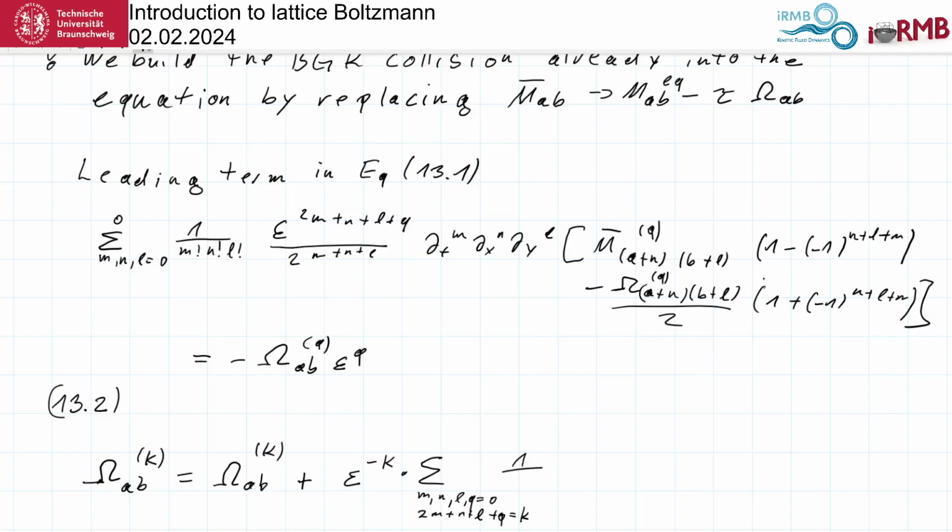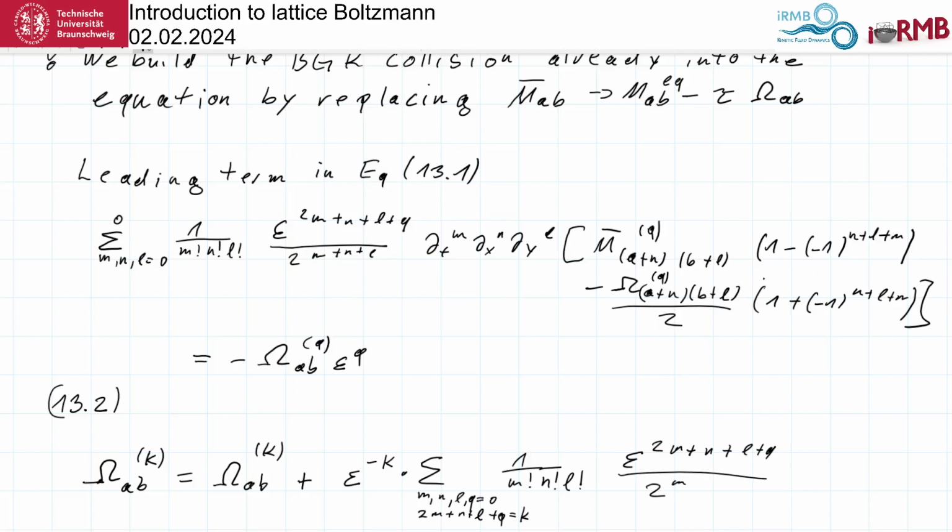And this, again, is the same equation, is m factorial, n factorial, l factorial, epsilon to the 2m plus n plus l plus q. And now what you see is, because 2m plus n plus l plus q is k, this will eliminate all the epsilons from this equation. That's the idea.